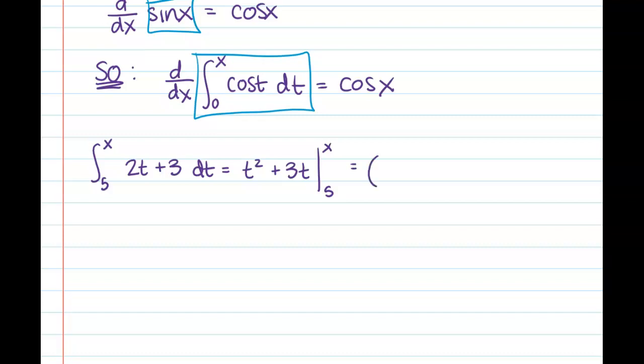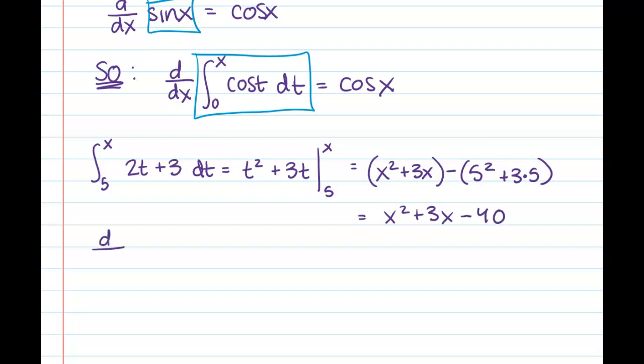So we get x squared plus 3x minus 5 squared plus 3 times 5, which is x squared plus 3x minus 40. The derivative of x squared plus 3x minus 40 is 2x plus 3.